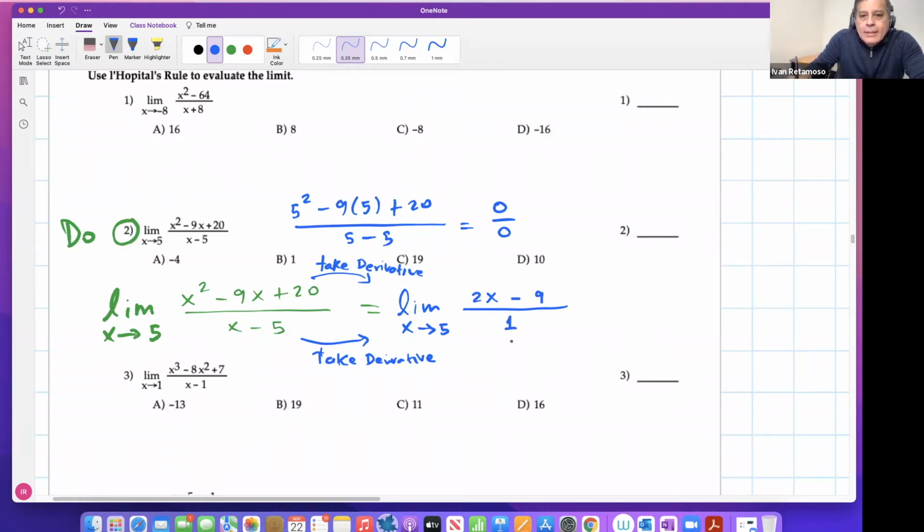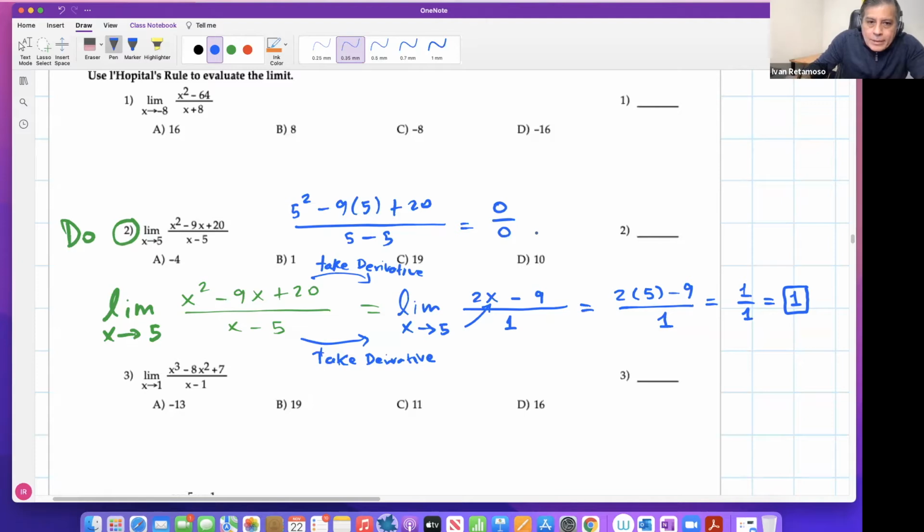Then L'Hopital says try again now. And amazingly, guys, now it works, right? 2 times 5 is 10, 10 minus 9 is 1, 1 over 1 is equal to 1. We have overcome the difficulty of getting this undetermined form.